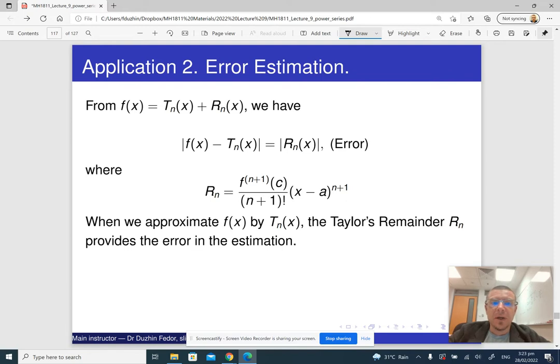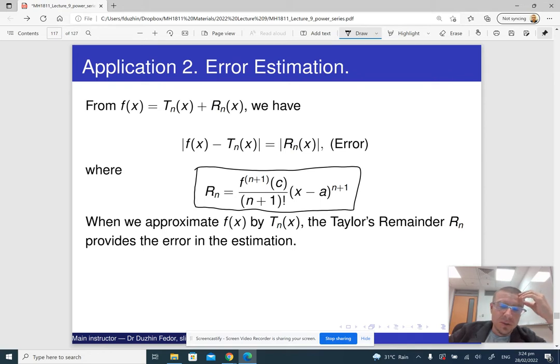If we have a function f that equals the sum of its Taylor series, or actually even if it does not equal the sum of its Taylor series, but we still want to approximate our function with Taylor's polynomial, the error of approximation is Taylor's remainder. And we can use this Lagrange's form of the error to figure out how good the approximation is.